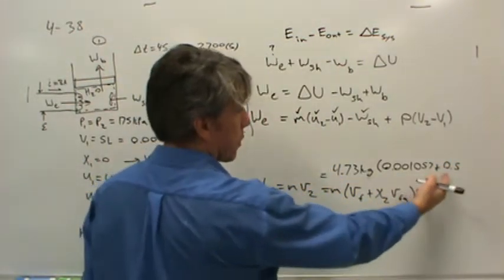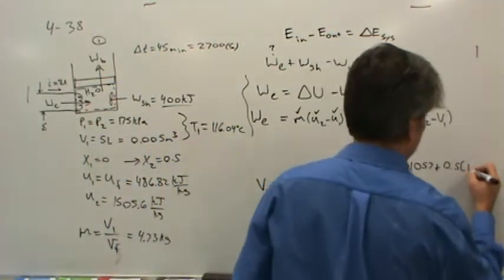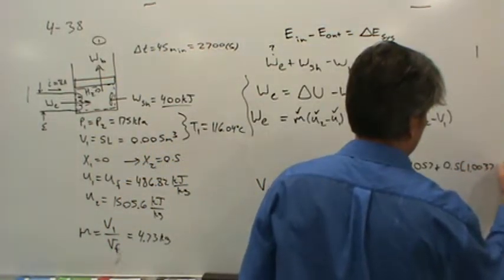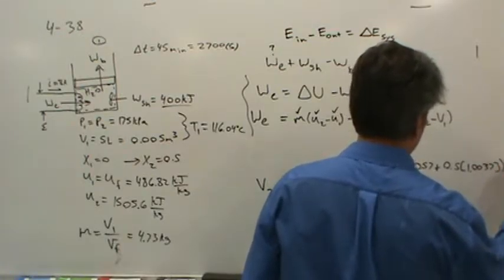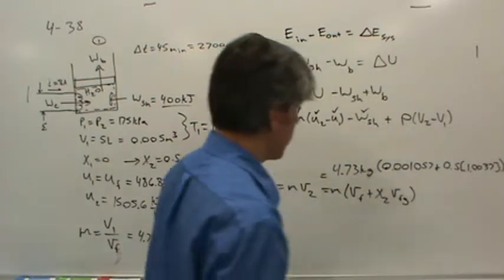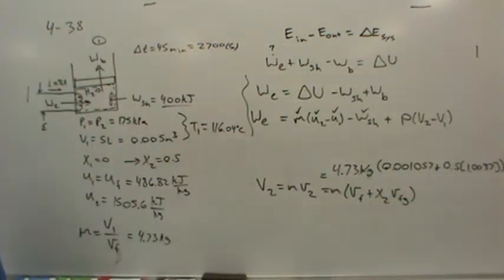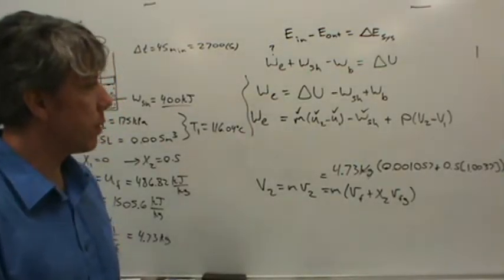There's the quality, 50%. And how much was VFG? 1.0037. And these are cubic meters per kilogram, because it's specific volume. So see how the kilograms go away? We'll be left with cubic meters. Okay, so plug into your calculator, please, and let me know what this should be.